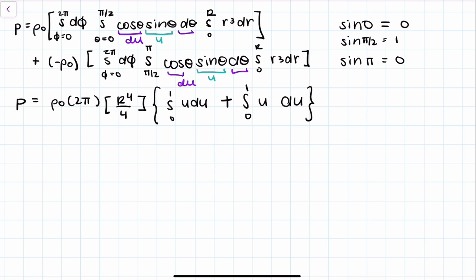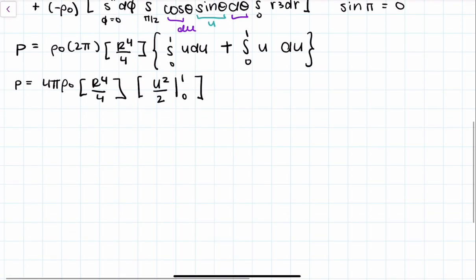So we basically end up with a 2 when adding these two. So this becomes 4 pi rho naught R to the 4th over 4, and we end up with u squared over 2 from 0 to 1, which is just 1/2.